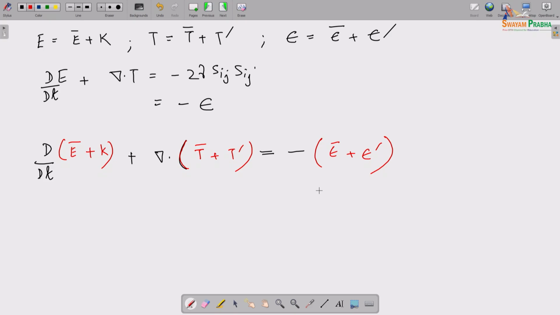I can write that. Then I get those two equations which we wrote down last time.